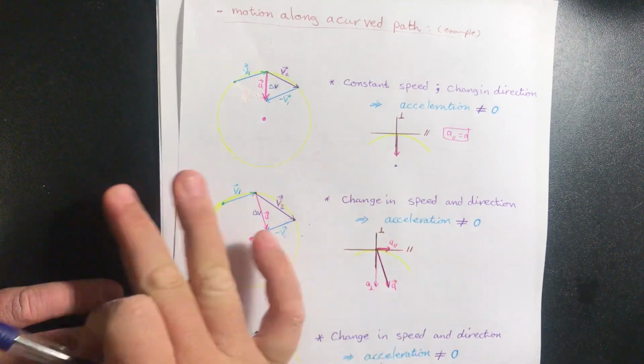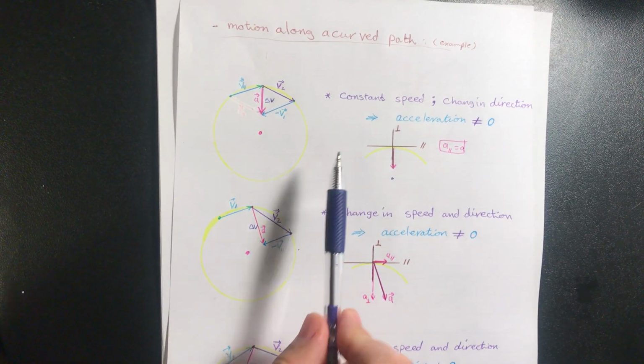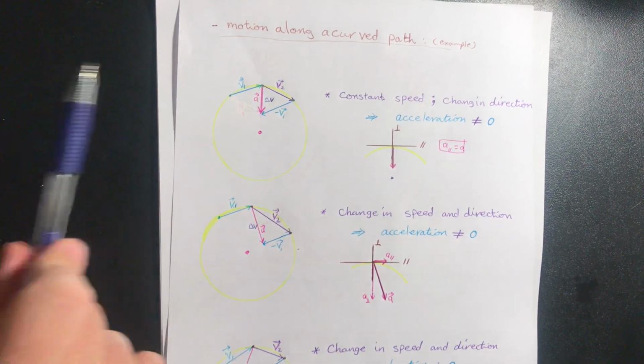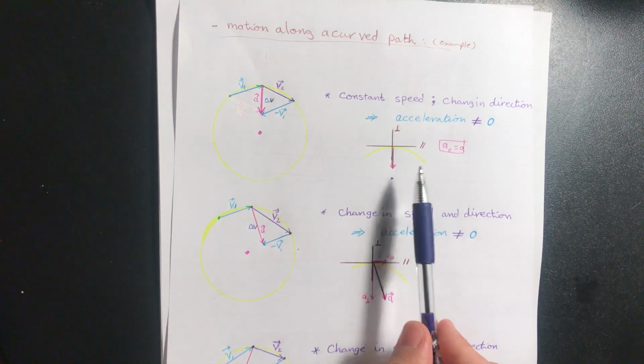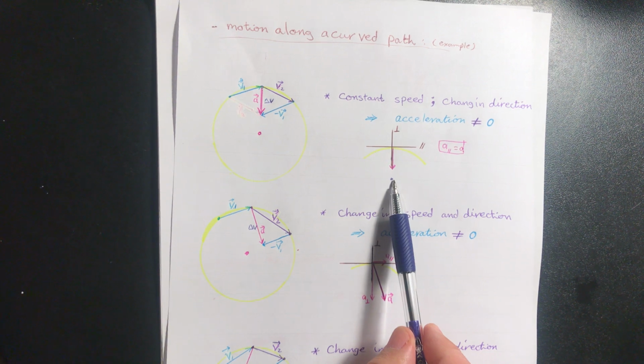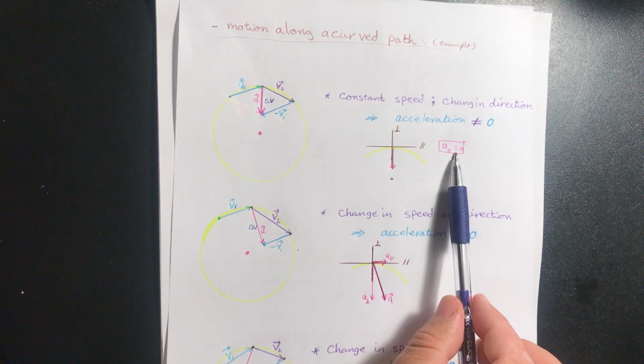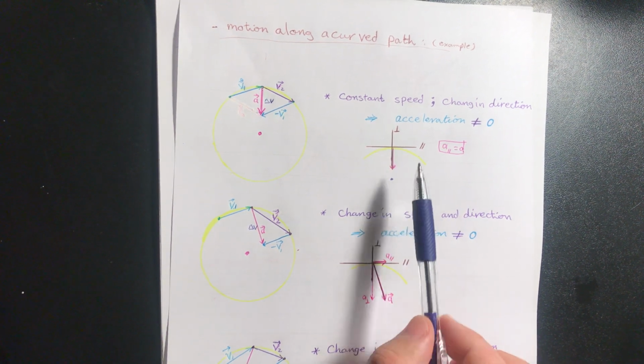Now, for the first case, when v1 is equal to v2, we have just a perpendicular acceleration toward the center of rotation, and the parallel acceleration is 0 in the direction of motion.